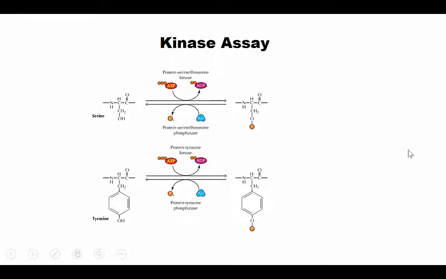Again, this is the kinase action. Now, this is a serine substrate, this is a tyrosine substrate, utilizing ATP. ATP is donating phosphate to the target, and then it is hydrolyzed here, generating ADP as a byproduct. Then there are several different points where you can monitor this reaction.